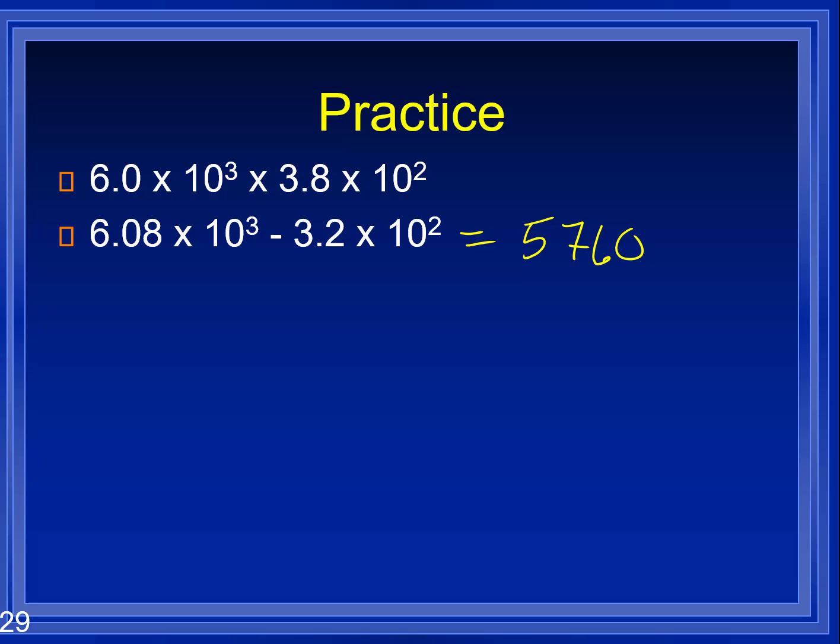Okay. So, sig figs. What math operation is it? Subtraction. So since it's subtraction, I have to line up decimal points. Well, looking at this, whoa, whoa. Let's go a little bit more basic.